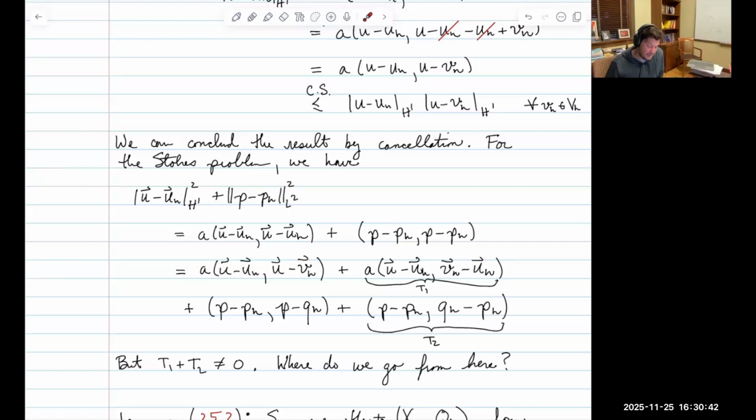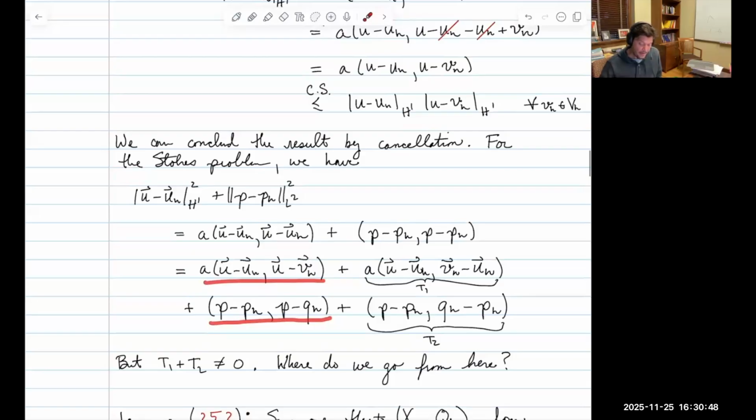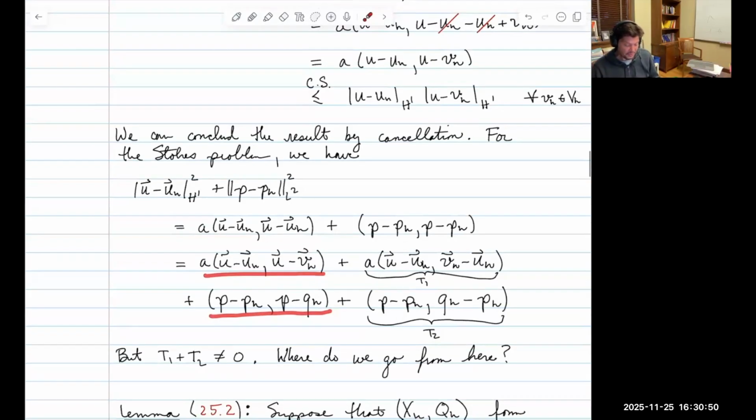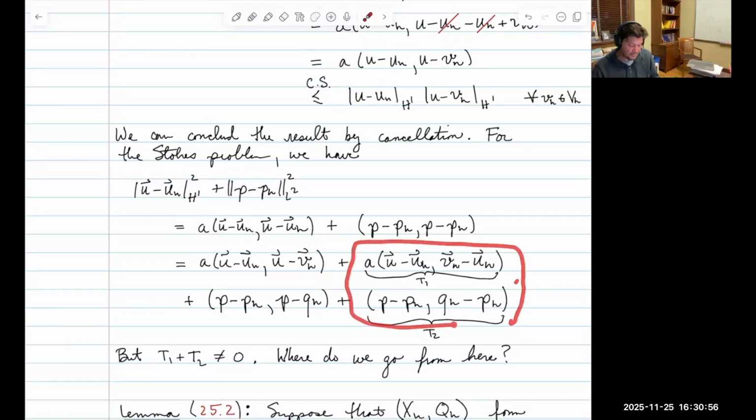So what we do when we do that is we're going to get the two terms that seems like something we would want before we do Cauchy-Schwarz, but we now have these two terms here which don't vanish simply. Before this would just vanish because of the fundamental Galerkin orthogonality.